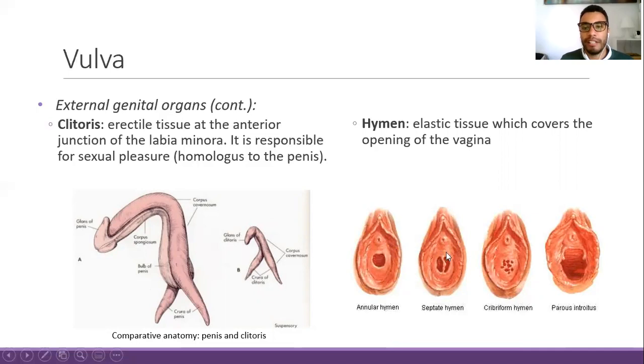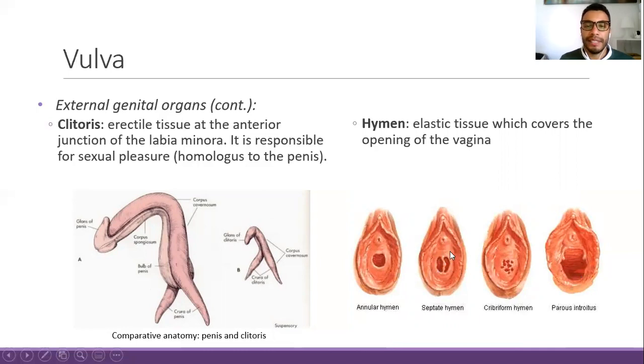The septate hymen, which presents a septum here in the middle. The cribiform hymen is a perforated hymen, which has those perforations. And the last one that you see here, the parvus introitus, this is the condition of the hymen after birth.